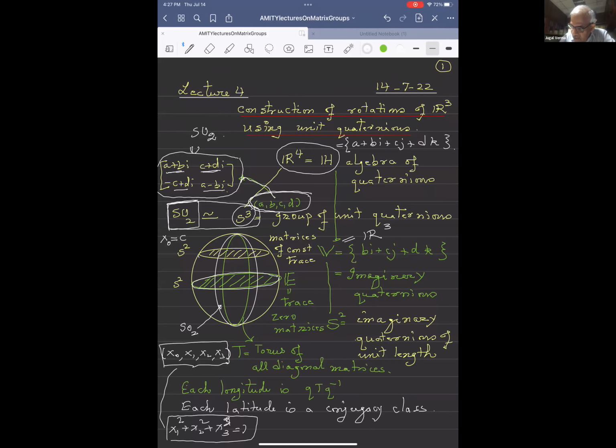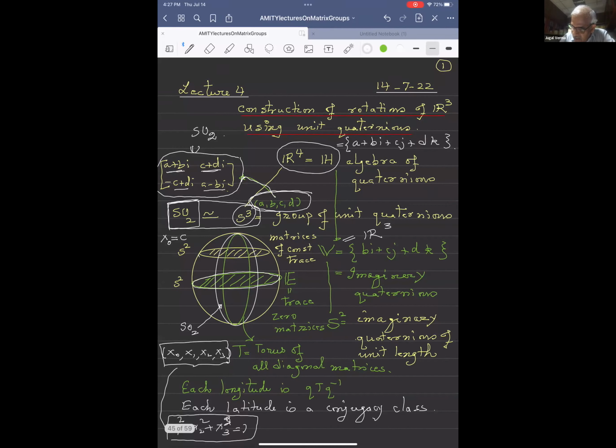Now when I intersect this three-dimensional sphere with the plane x0 equal to c, all the points are at a constant height from the equator. This looks like a plane, but it is actually a two-dimensional sphere. If x0 equal to c, then the equation becomes x1 squared plus x2 squared plus x3 squared equal to 1 minus c squared.